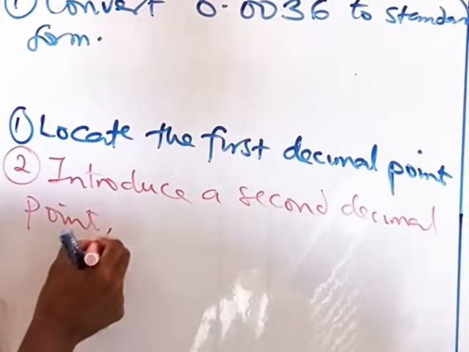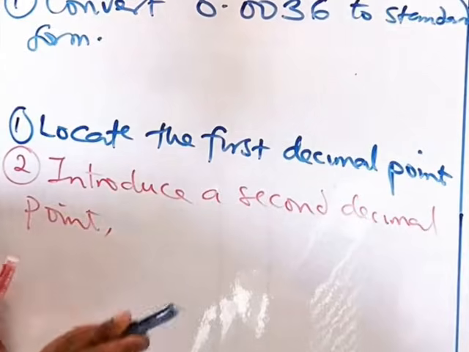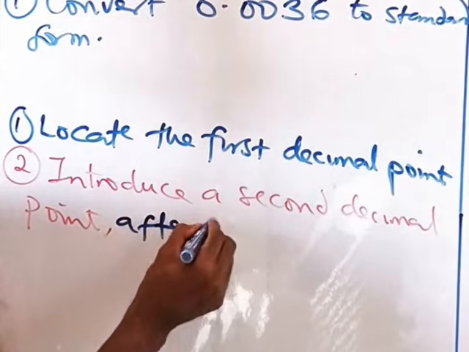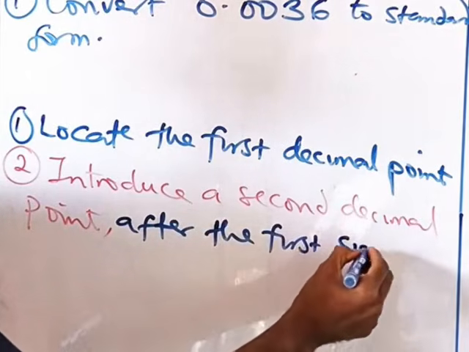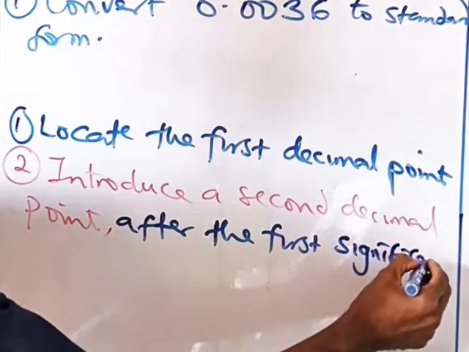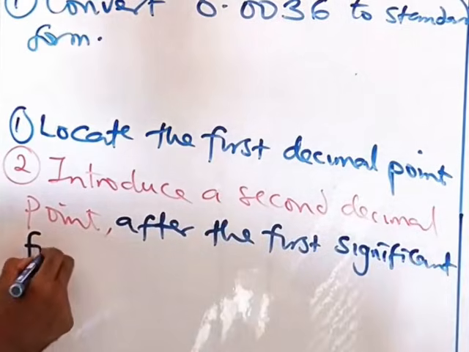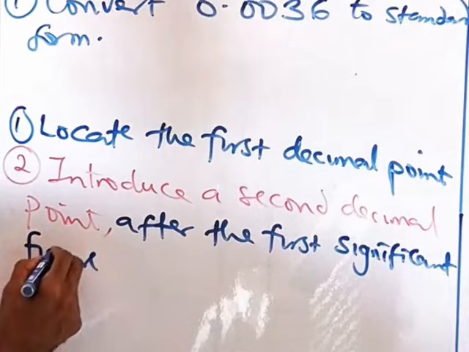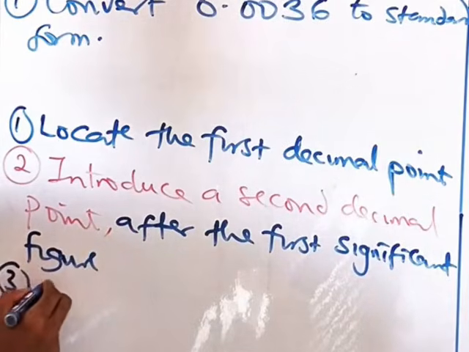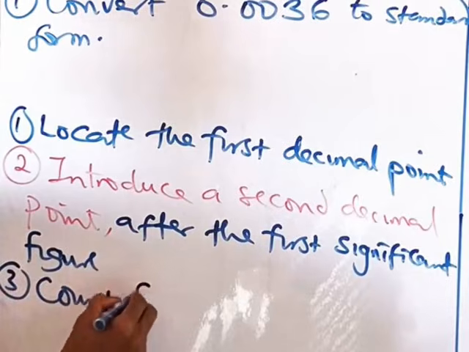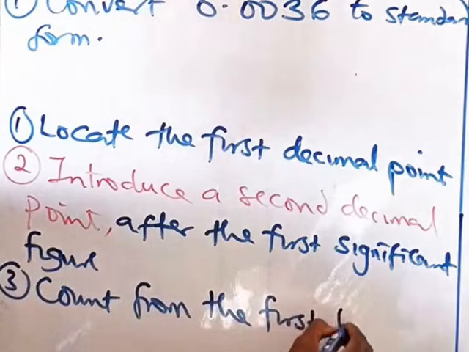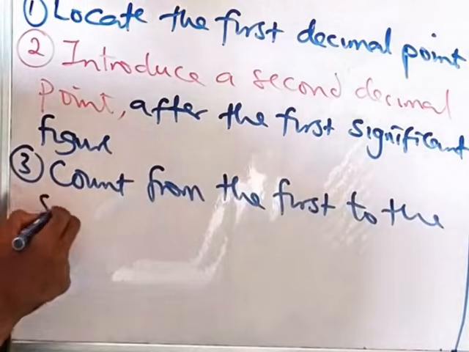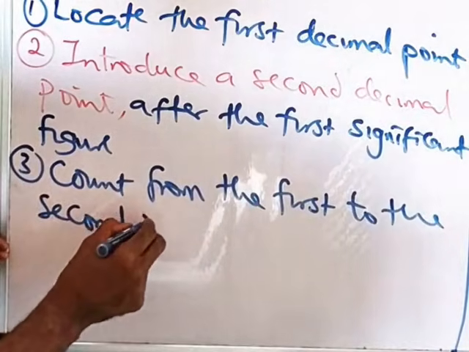Where do I introduce a second decimal point? After the first significant figure. Then the next rule, count from the first to the second decimal point.